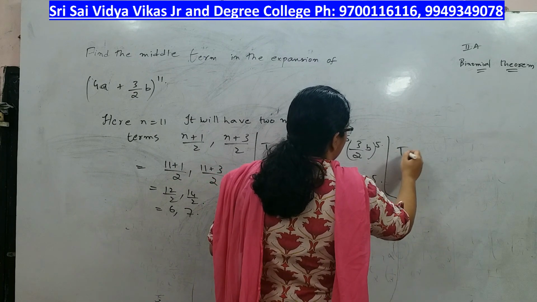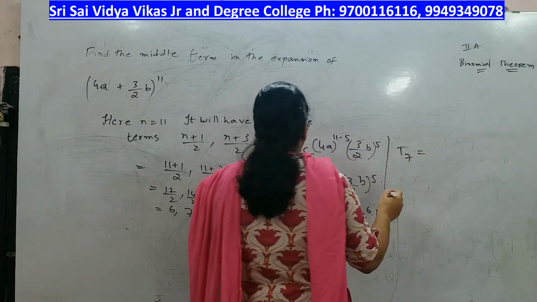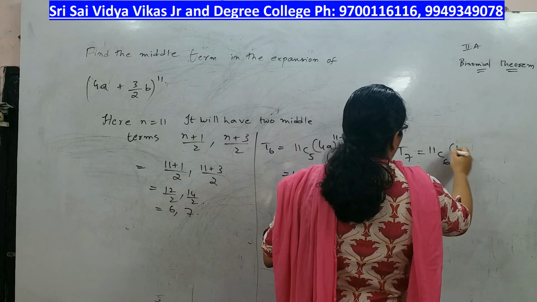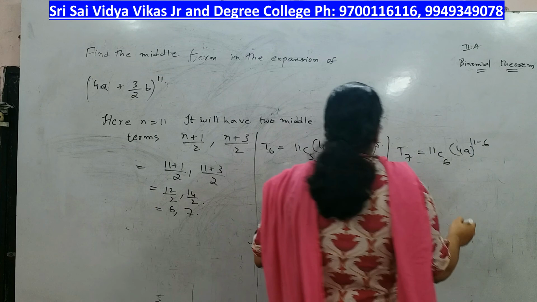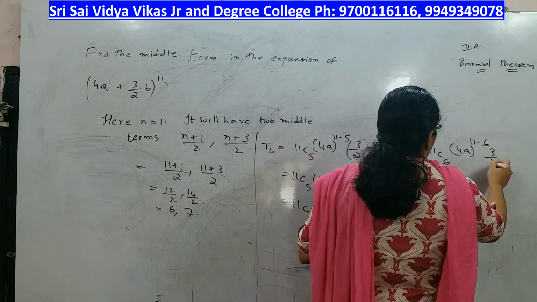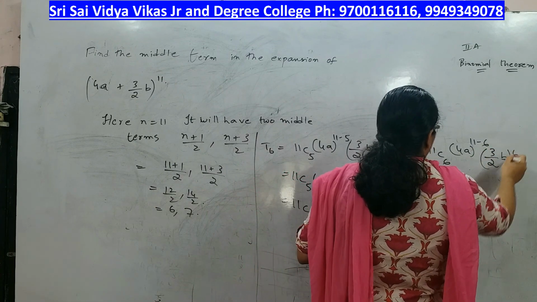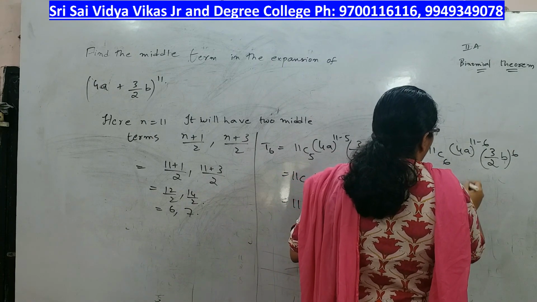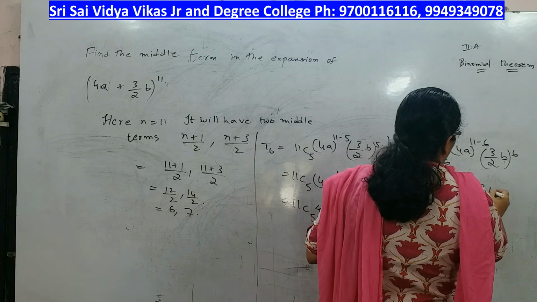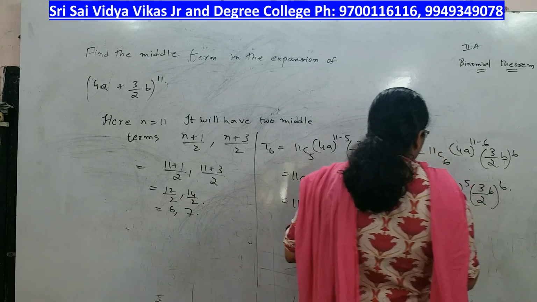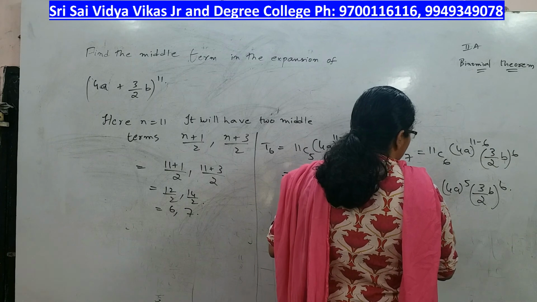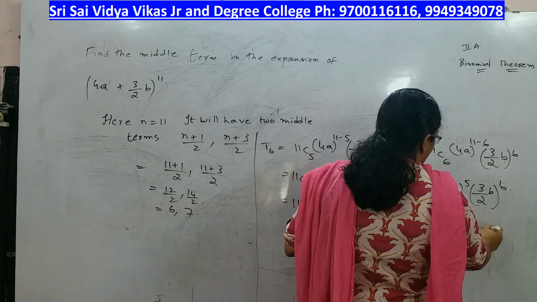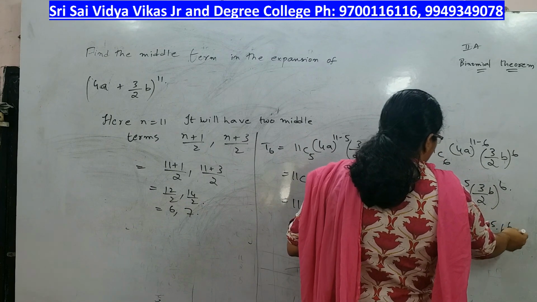T7 is equal to 11C6 (4a)^(11-6) (3/2 b)^6. That is 11C6 (4a)^5 (3/2 b)^6, which is 11C6 4^5 (3/2)^6 a^5 b^6.